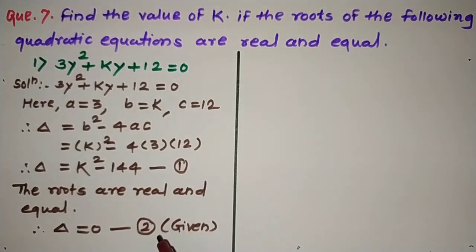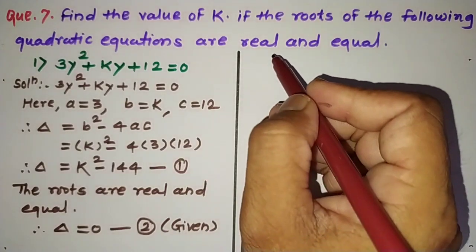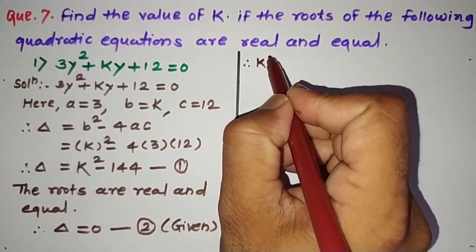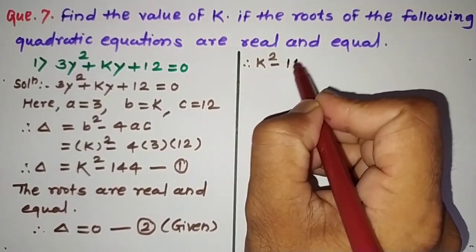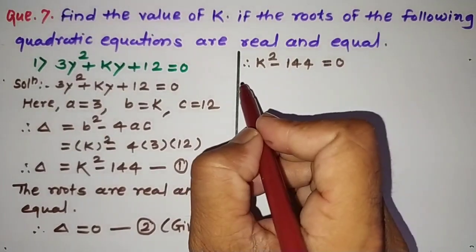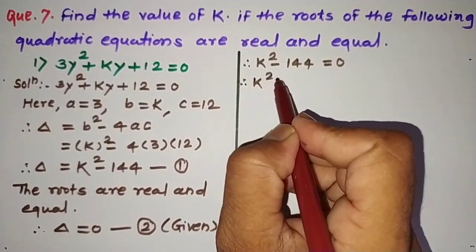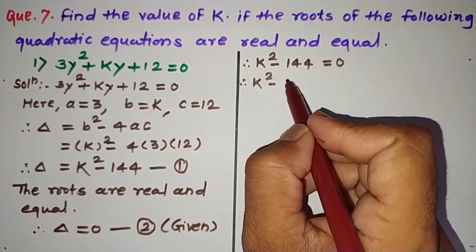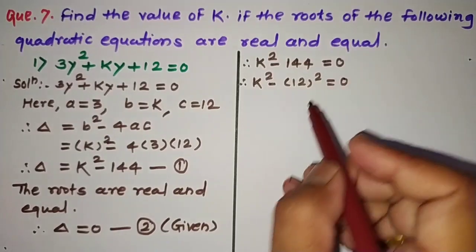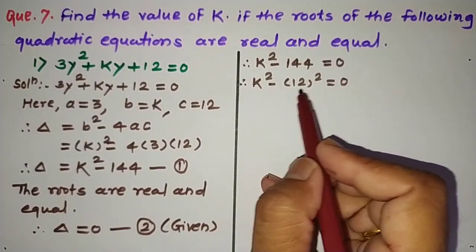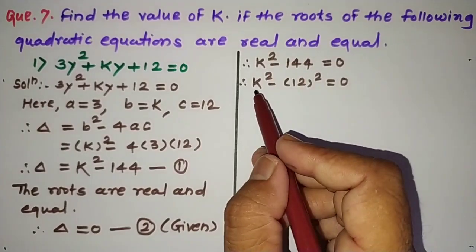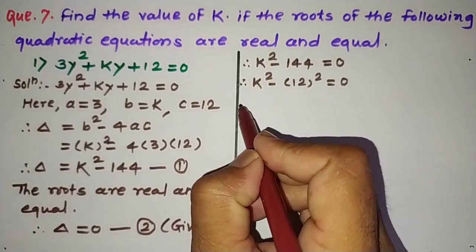From equation 1 and 2, k square minus 144 is equal to 0. K square minus 144, that is k square minus 12 square is equal to 0. Here the first term square and second term square, the subtraction of two term squares, write down in this form.